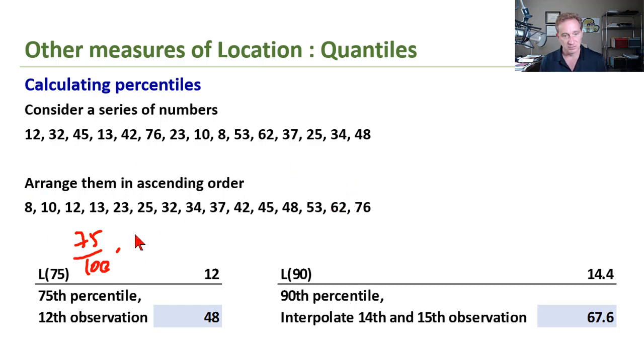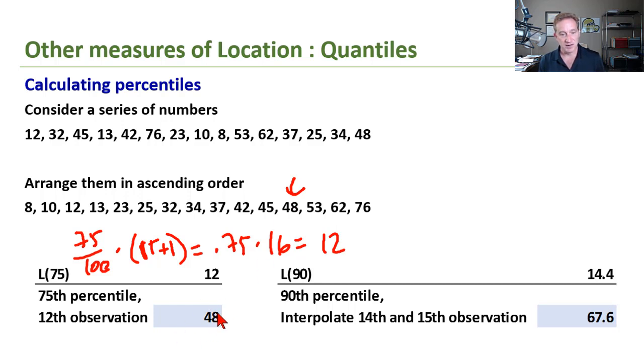It looks like n is 15, so we multiply by 15 plus 1, or 16. So 0.75 times 16 equals 12. And 12 is a round number. So 1, 2, 3, 4, 5, 6, 7, 8, 9, 10, 11, 12. We go straight to the observation. It's a 48.